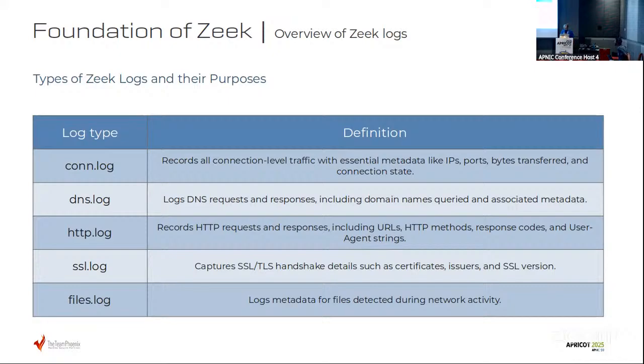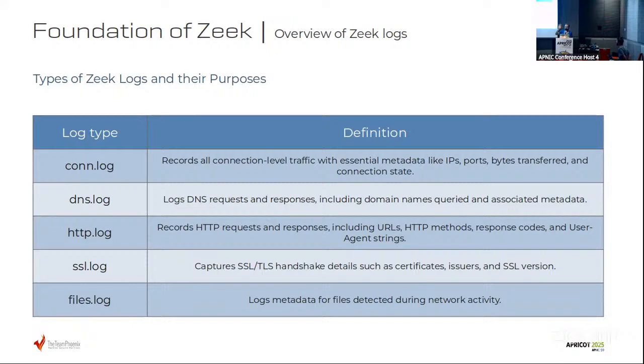In our Zeek theoretical part, we mentioned that whatever activity is going on in your network traffic and the visibility we have, it converts all the activity into different parts. What is that? For conn.log, we get all the established connection information.